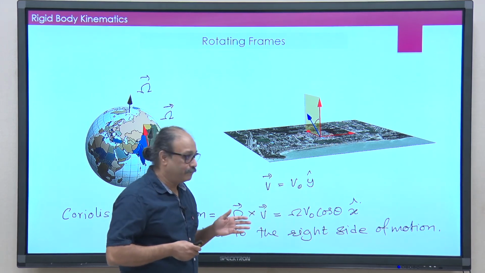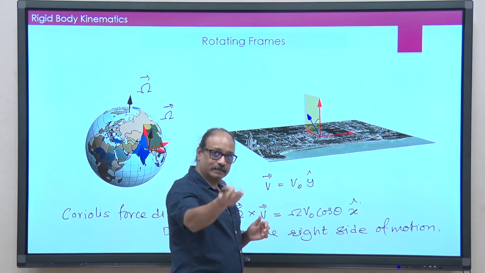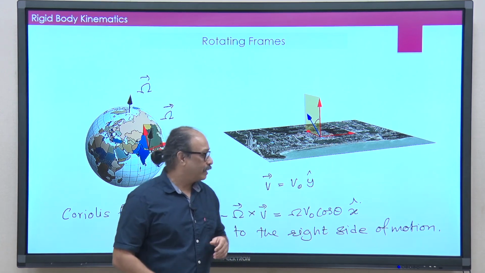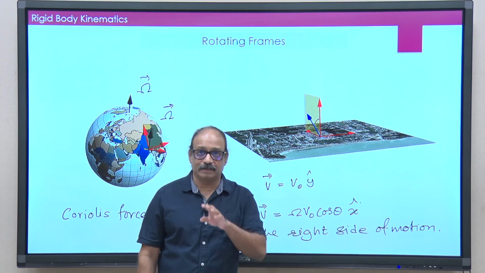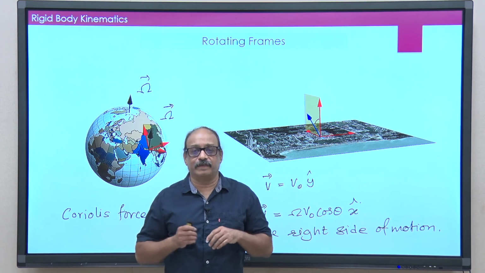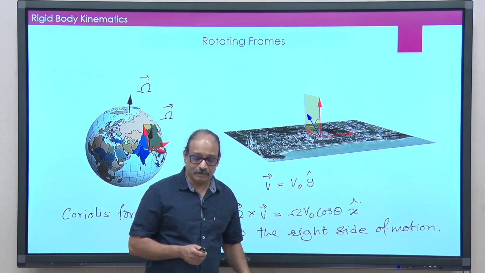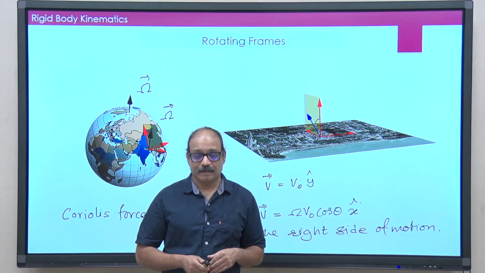That is basically, if you look at traveling in the direction of north, towards your right. And you can now see that it really does not change the result. It does not matter which direction you are traveling in the north hemisphere, your deflection always will be to the right. Whereas, if you go to the southern hemisphere, exactly the opposite will happen.